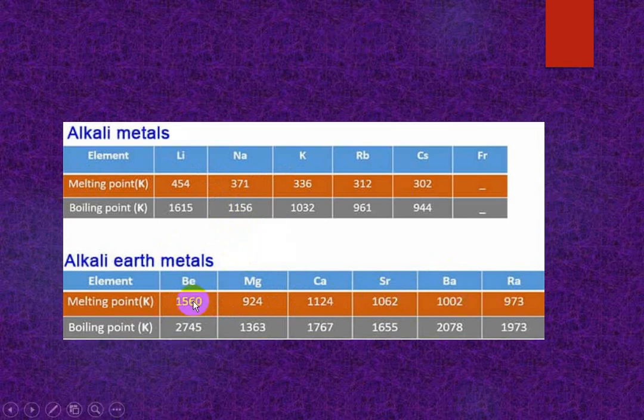Have you seen this? At the top, beryllium has a higher melting point than magnesium. Magnesium is more. Here is the exception.